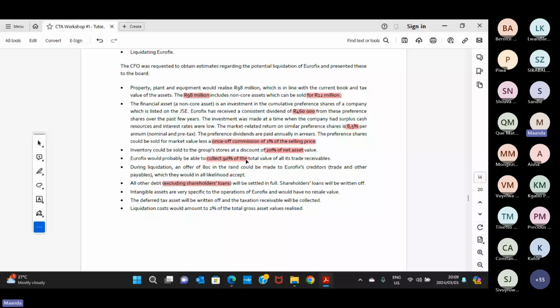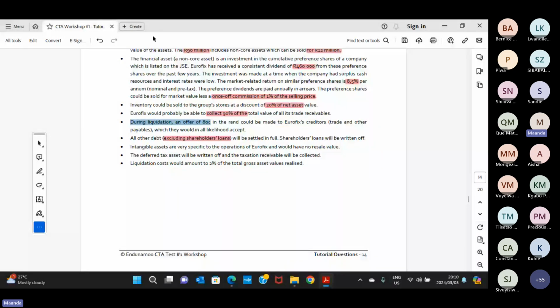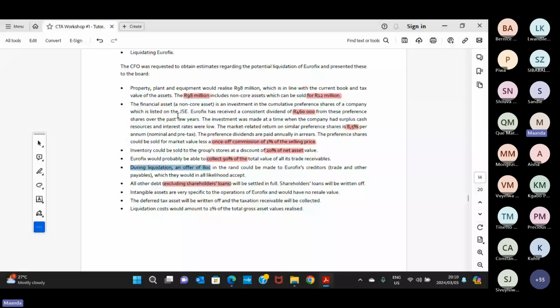So once you do all the assets, all the liabilities and all the liquidation costs, you're going to get the amount that we're going to get at the end. So that will be the calculations that you're going to do. And remember, you're not taking any tax into account here when you do the calculations.